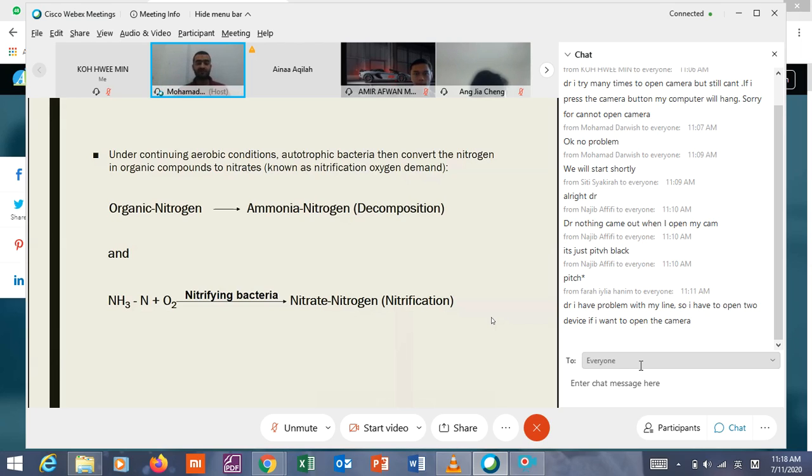But if we continue after 5 days, the other type of bacteria will start its role, and this is the autotrophic bacteria.